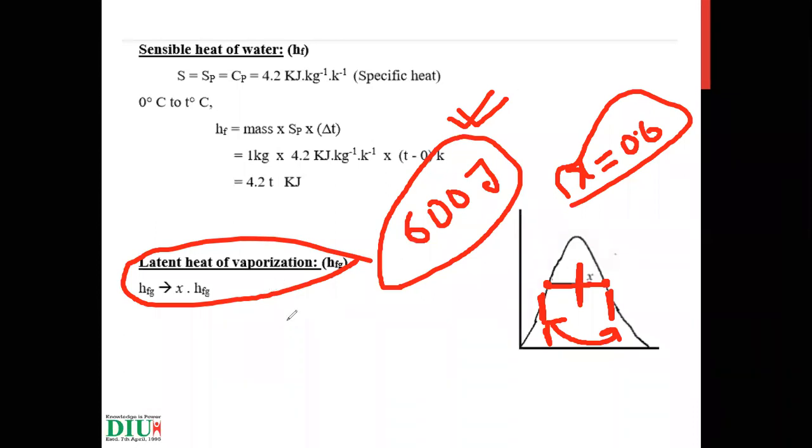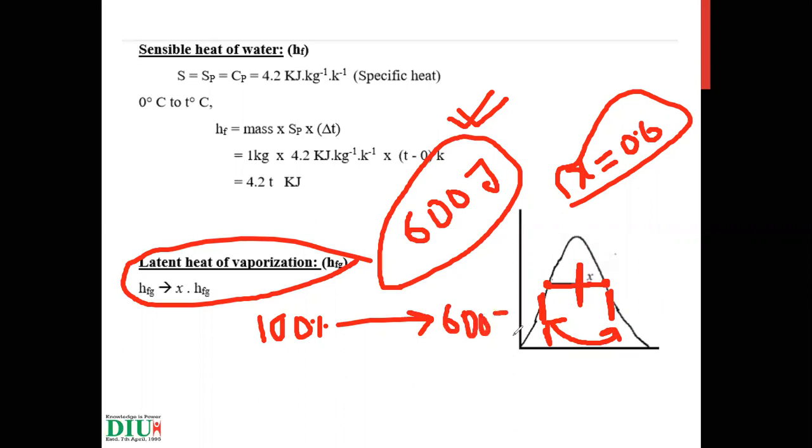Probably not clear. Suppose 100% of water, it may be 2 kg, it may be 5 kg, it doesn't matter, but I'm considering all the water. If I convert 100% of water to 100% steam, then I require 600 joule.